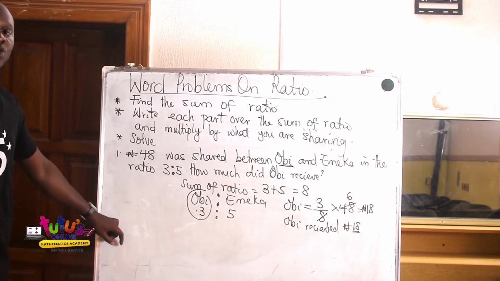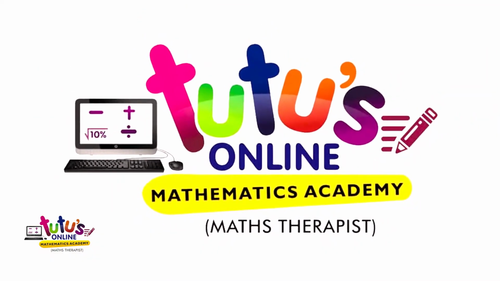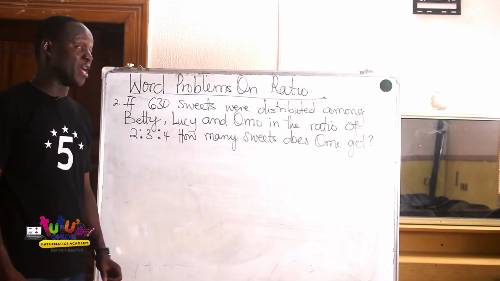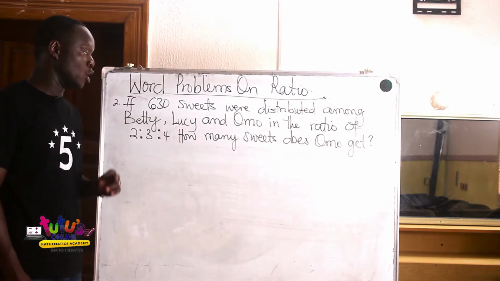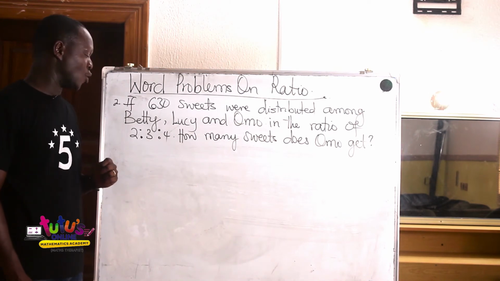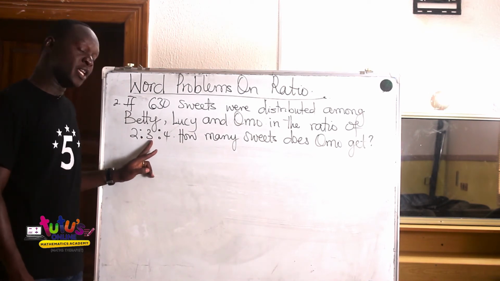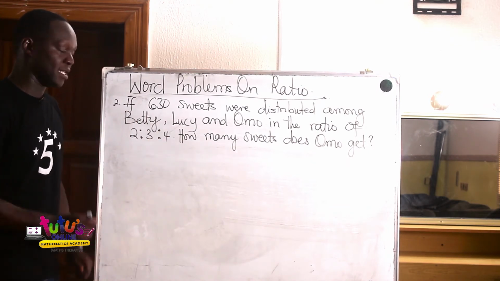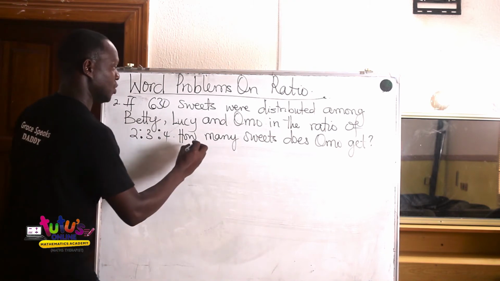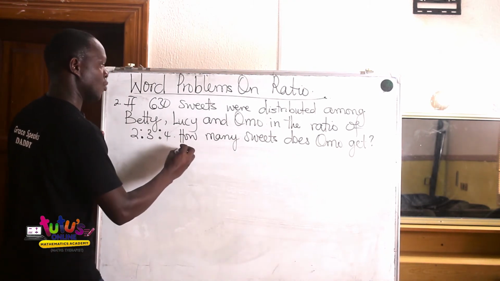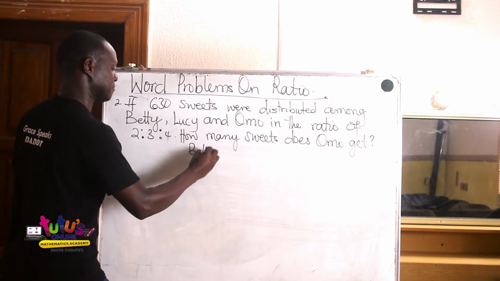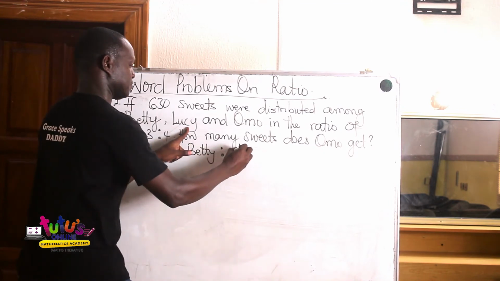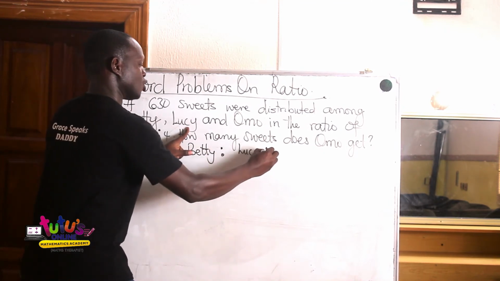We're moving over to number 2 question. It says, if 630 sweets were distributed among Betty, Lucy, and Omo in the ratio of 2:3:4, how many sweets does Omo get? We have 3 people there: Betty, ratio Lucy, ratio Omo.